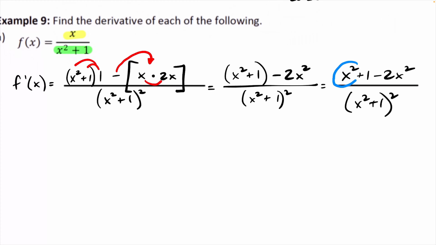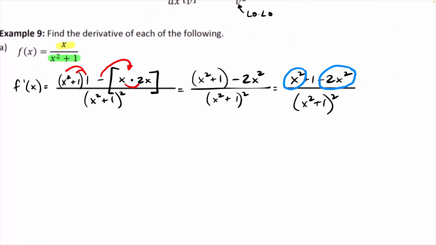And then I can combine like terms. So I get negative x squared plus 1 over x squared plus 1 squared.